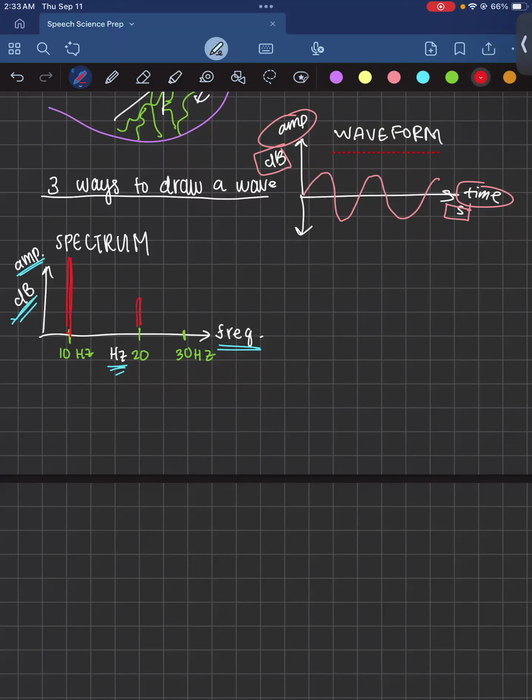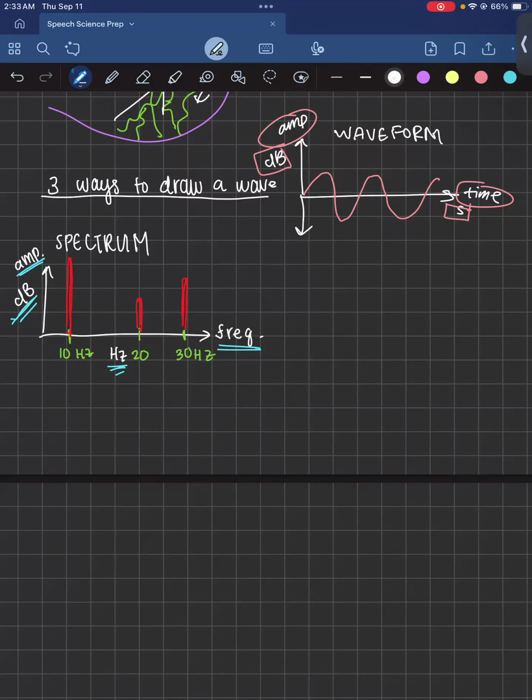That must mean it's louder. And then let's say we don't hear the 20 hertz as much, and then 30 is in between. So this is kind of what a spectrum will look like. And then rather than memorizing what the signal looks like, I would say memorize these axes. So x-axis in this case is frequency, and the y-axis is amplitude.